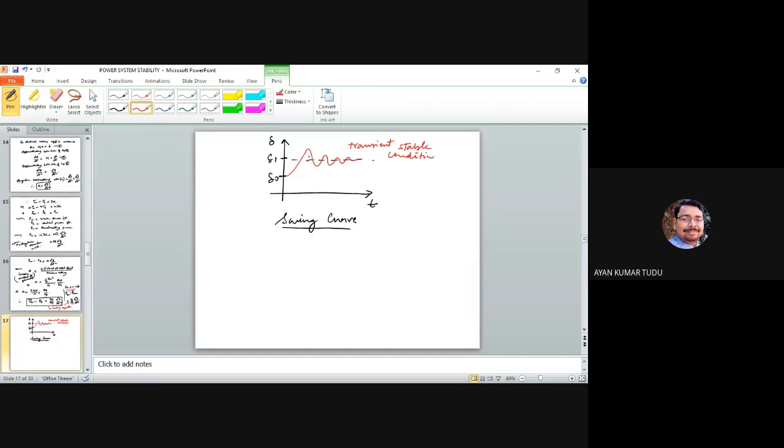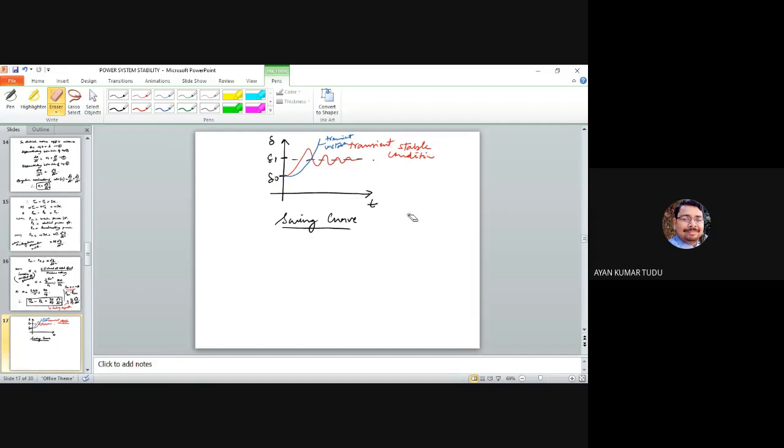And if it is increasing, I think I have shown this figure in the last class also, if it is something like this, it is a transient unstable condition. So why is this swing curve useful? Because it helps in determining the adequacy of the relay protection on the power system.